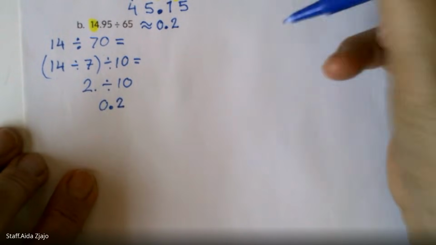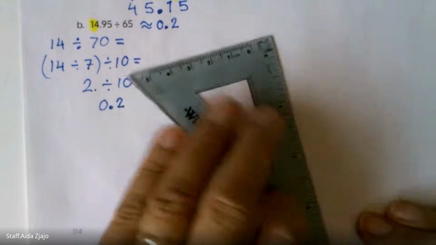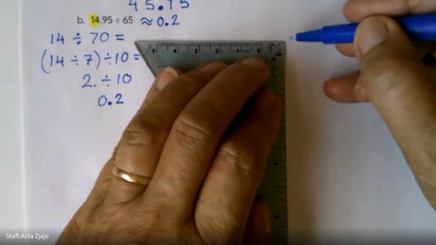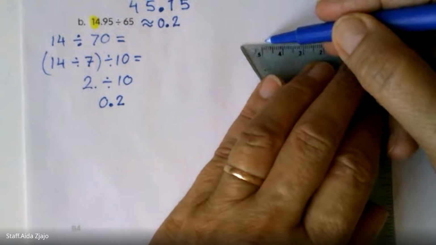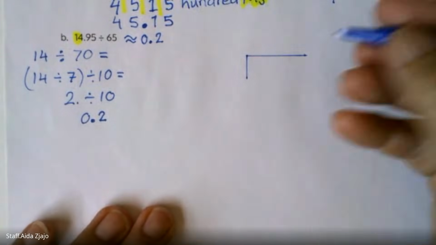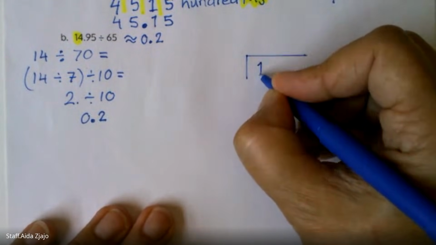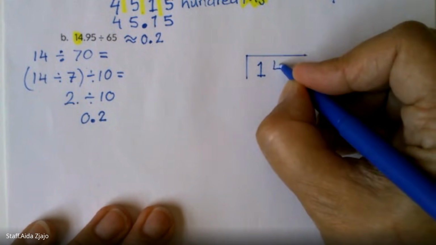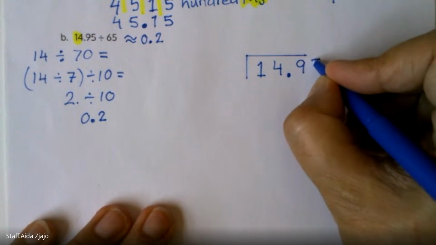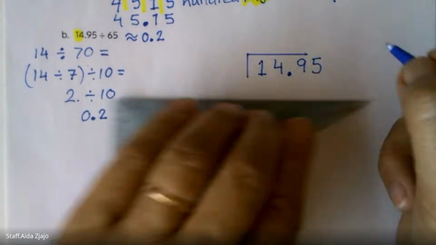But then they say to use the standard algorithm. So let's do that. All right, I'm going to use this here. Make a bracket. Let's make nice big numbers. 1, 4, decimal point, 9, 5. I'm going to extend.